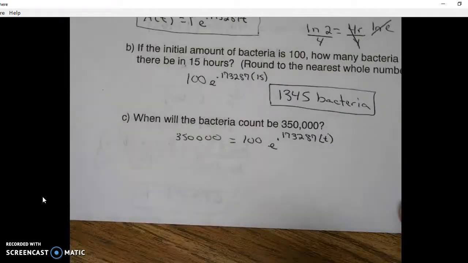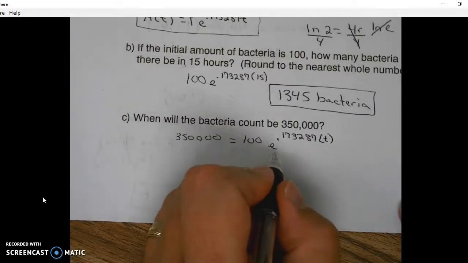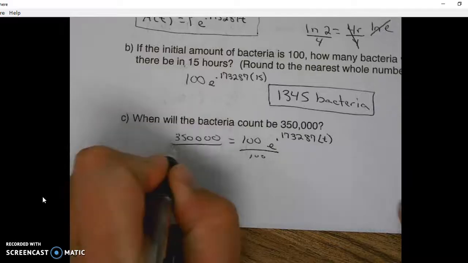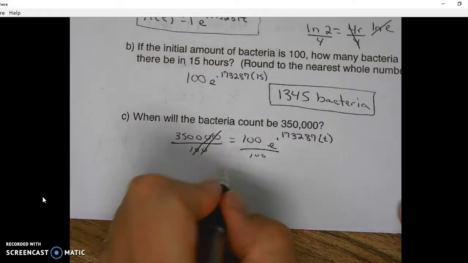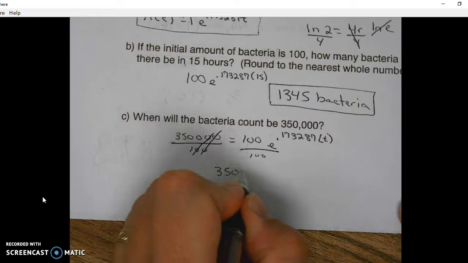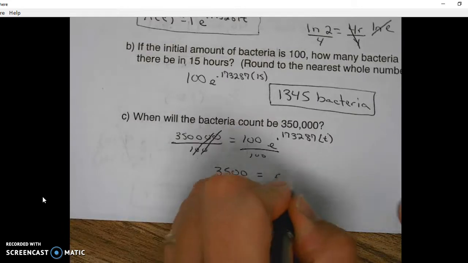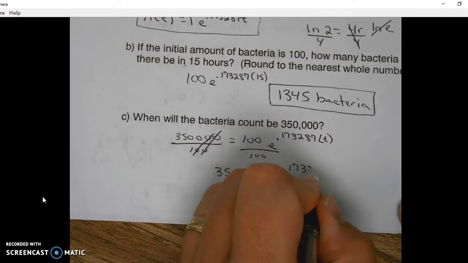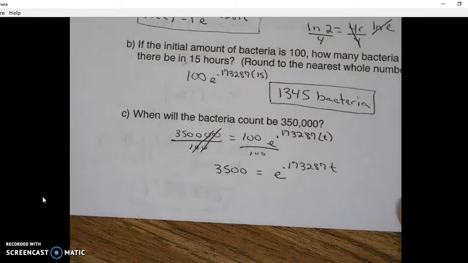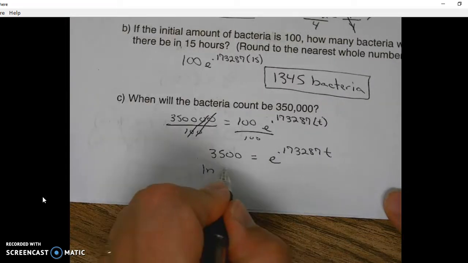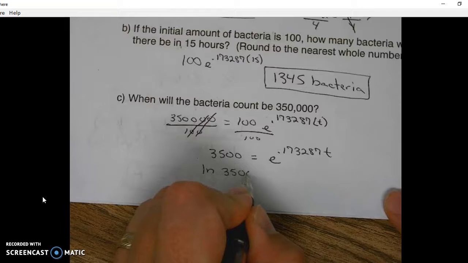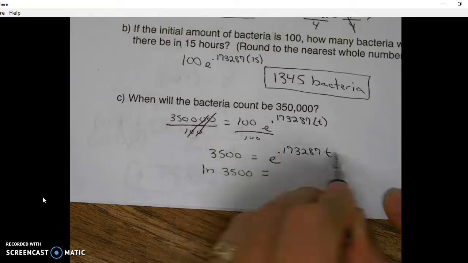So solving for t, first thing we do is undo the multiplication. Zeros cancel, zeros cancel. Now, since it's a base e, we're going to use natural log on both sides and bring our exponent down front.